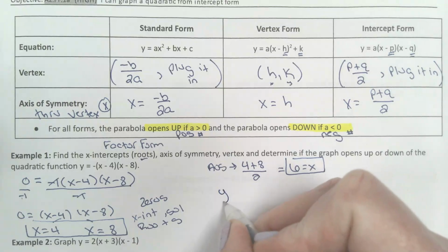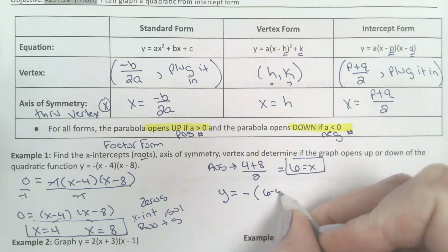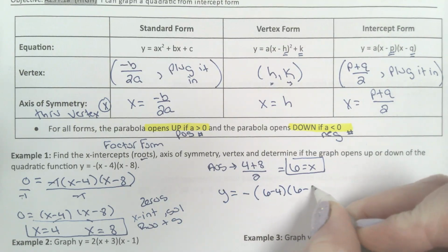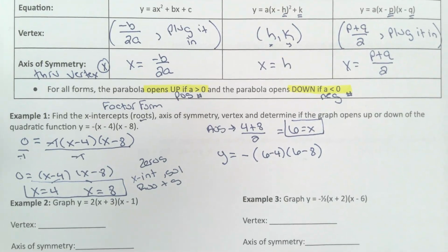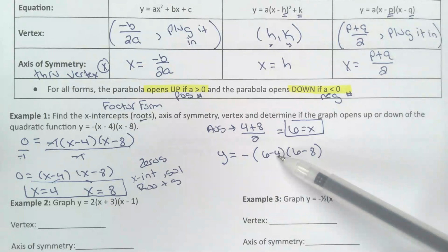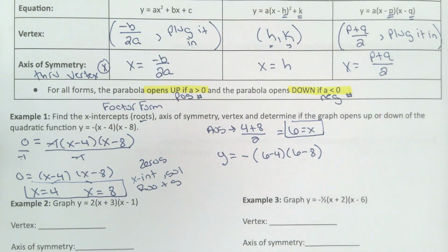All right, so I have y equals negative, parenthesis, 6 minus 4 times 6 minus 8. Don't distribute, do the math, multiply, and then change the sign. That would be the smartest way to do it.